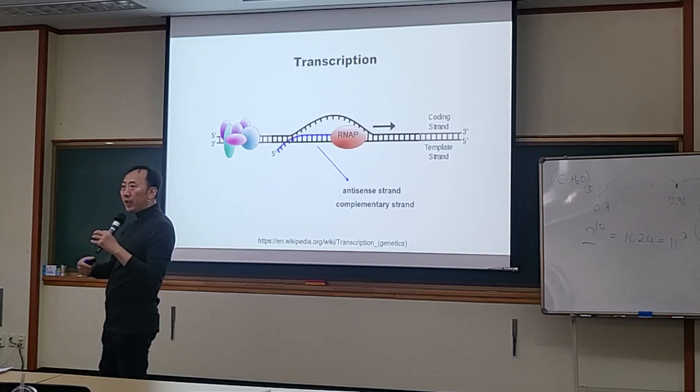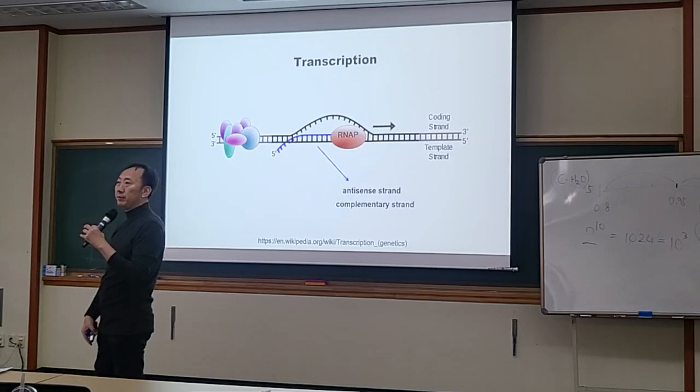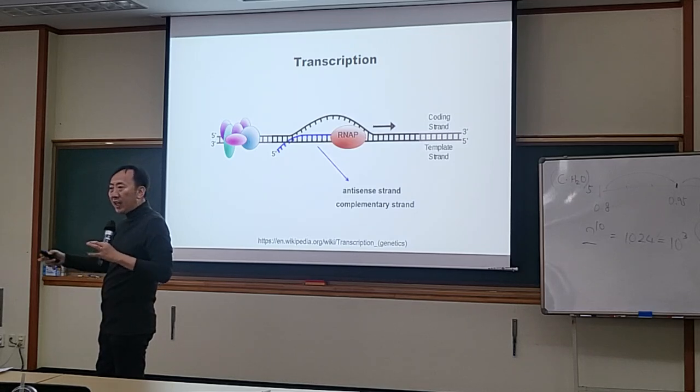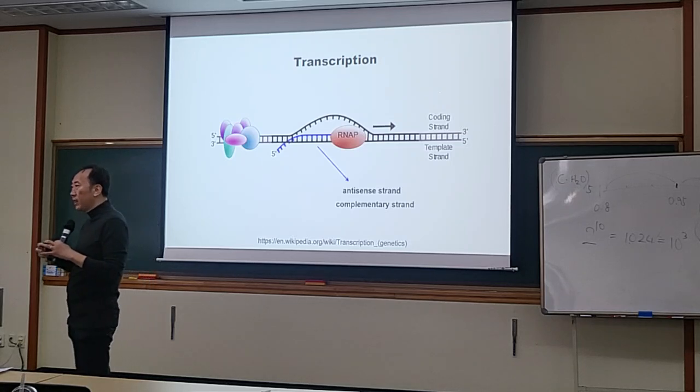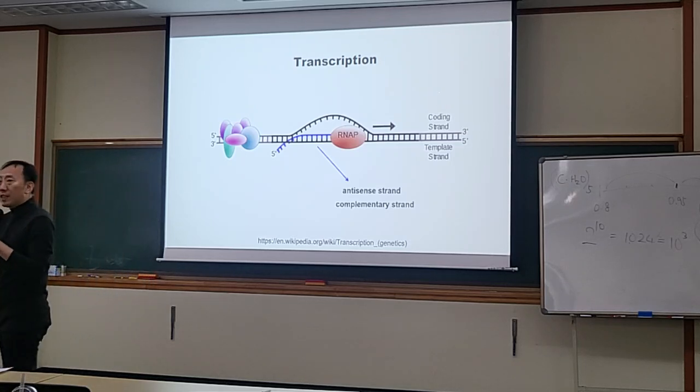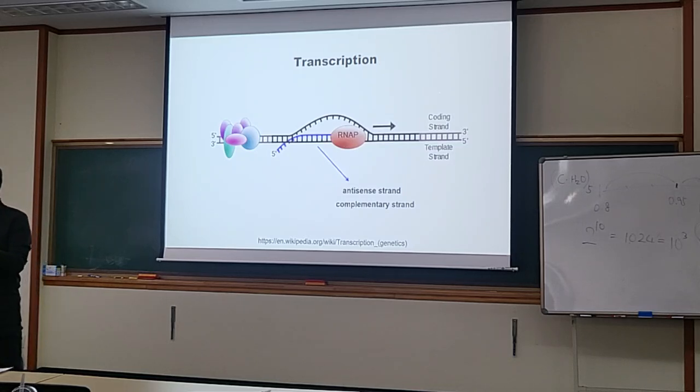Then those are the template to make more mRNA, right? So mRNA is unstable. You make cDNA and collect all together. All the collection we call a library. A cDNA library is from one cell, the whole mRNA synthesizing information collection. That sequence is a template sequence, complementary antisense sequence.